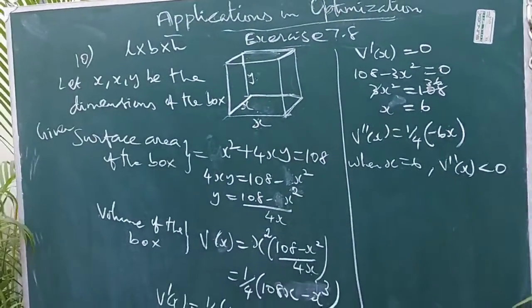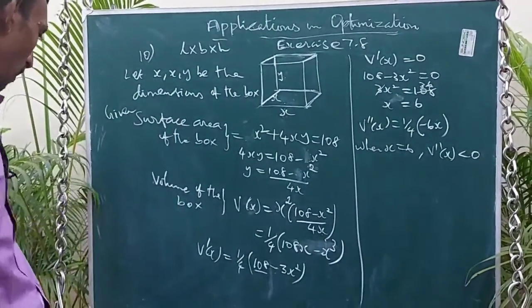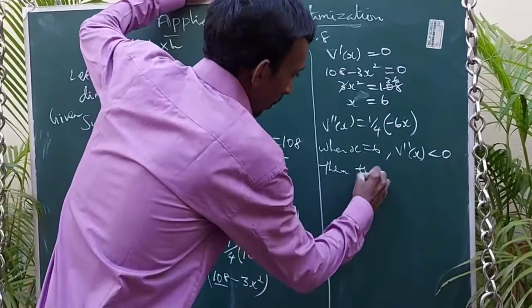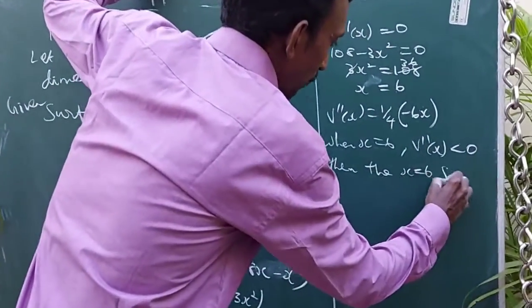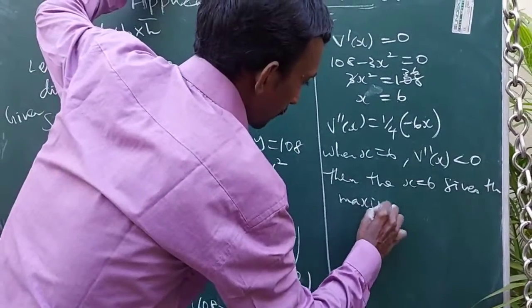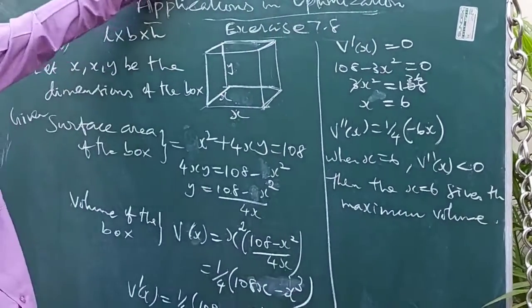It's negative. So negative means the volume is maximum. Then x equal to 6 gives the maximum volume.